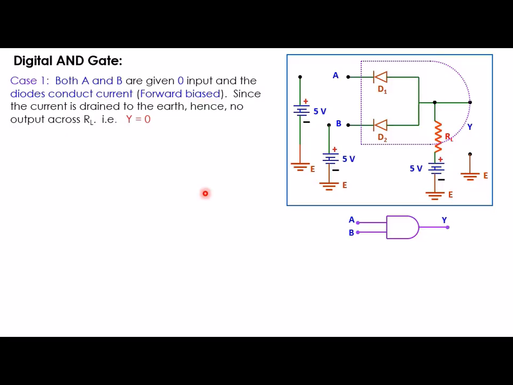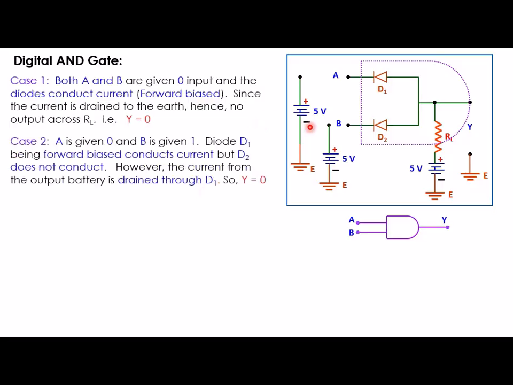Now in case 2, when A is given 0 and B is given plus 5V, 1, then diode D2 is not forward biased, and diode D1 is forward biased. In this case also, the current will be conducted through this diode D1 to ground.